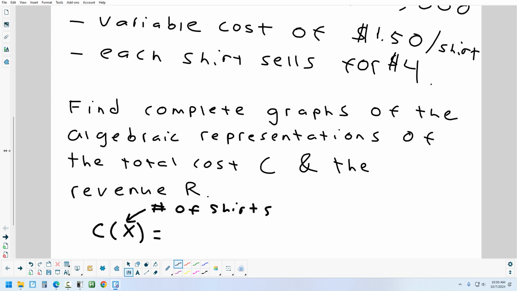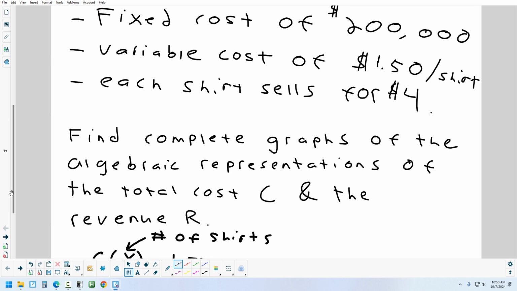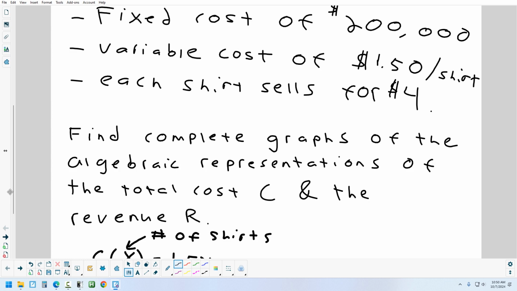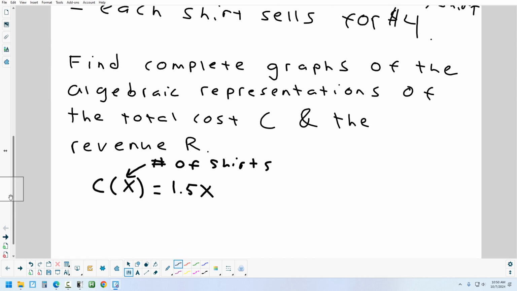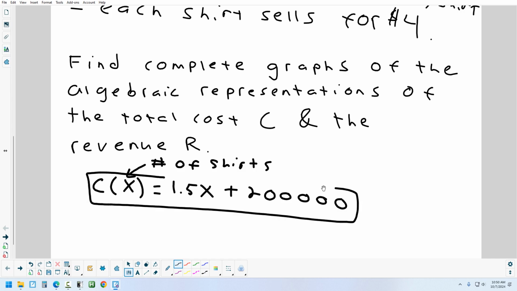We won't want to say it costs the company negative dollars to make shirts. So it costs the company $1.50 per shirt. And what do we have to add to that to account for the fixed costs? Yeah, and that's a fixed cost. You don't pay that for every shirt you make. Okay, so there's an equation for the costs.